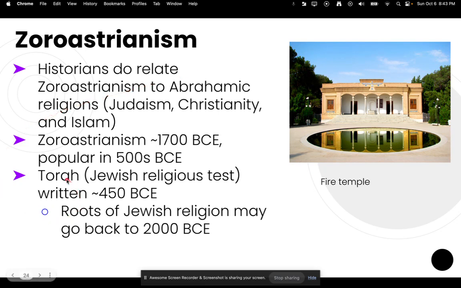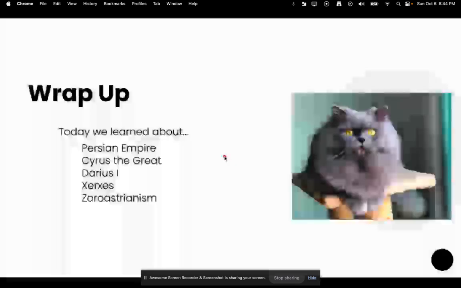And the Torah, which is the Jewish religious text, was made about 450 BCE. So Zoroastrianism historically is older than the Torah. So roots of the Jewish religion may go all the way back to about 2000 BCE. So it's really a historical debate about influence from one religion to the other. I could get into it all day. I won't, so we'll just keep moving on.